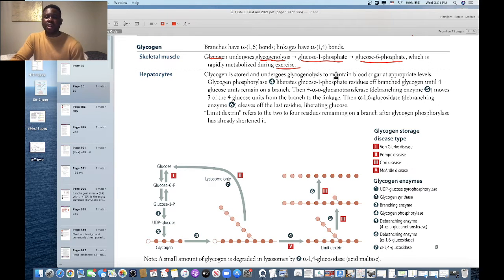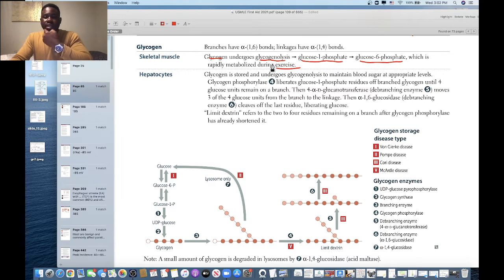It means that when we break down the glycogen, we add a phosphate because we don't want it to leave the cell, right? So it becomes glucose 1-phosphate. The glucose 1-phosphate will be converted into glucose 6-phosphate before it can be used.